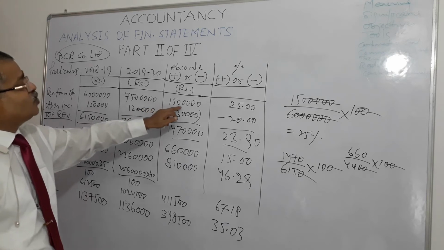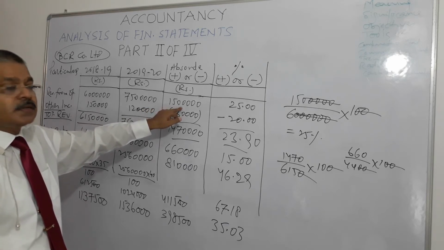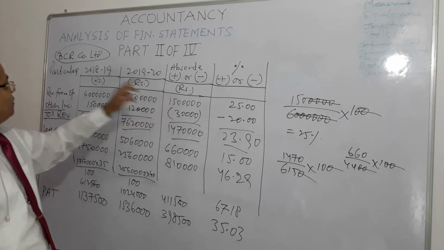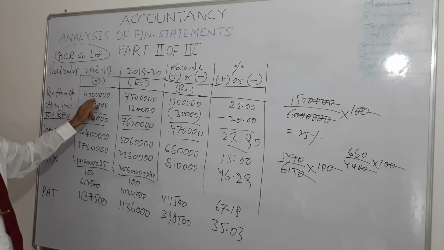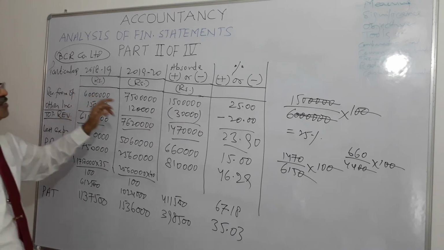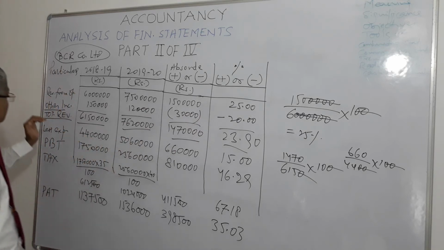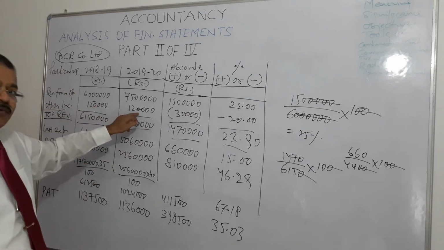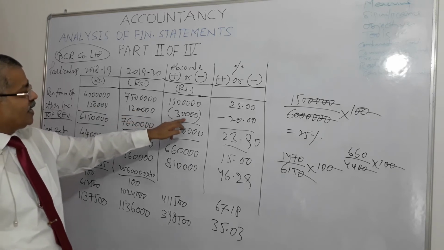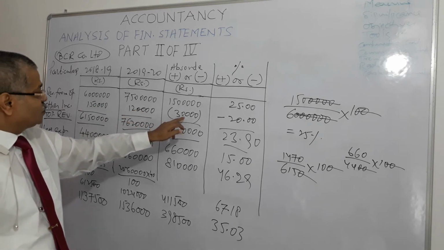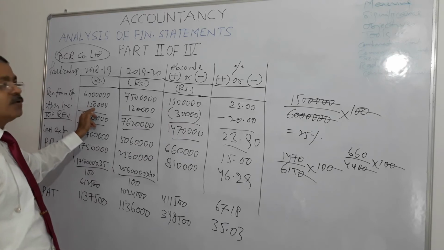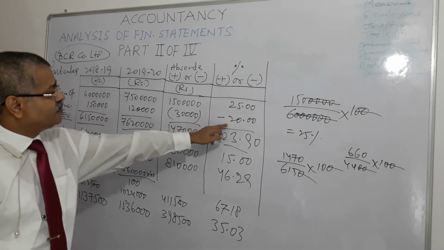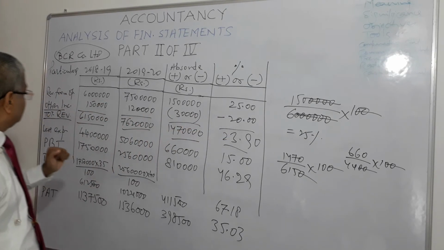So there is an absolute increase of 15 lakhs, and 15 lakhs as a percentage of 60 lakhs is 25%. Other income declined from 150,000 to 120,000. So the decline was 30,000, and 30,000 as a percentage of 150,000 is minus 20%.